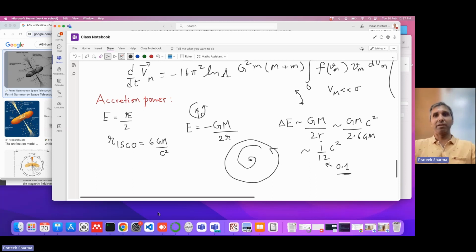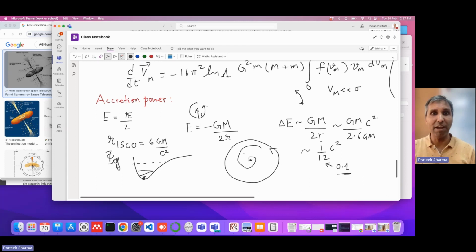If you look at this effective potential as a function of r, this is phi effective. If you start with this energy, the gas is able to get rid of all this energy and eventually settle here. Even if you have an elliptical orbit of the gas at the beginning, it will radiate away all its extra energy but maintain its angular momentum, in absence of some physical process which acts like friction.